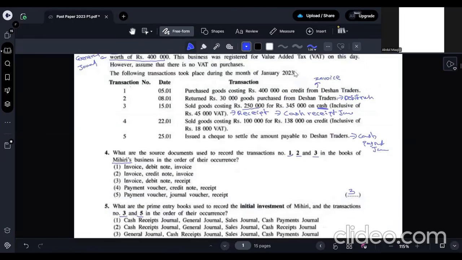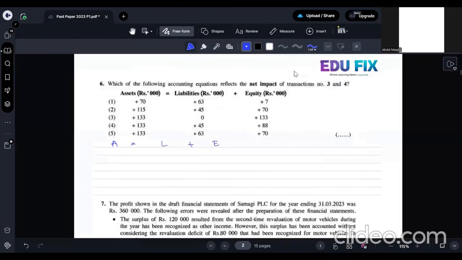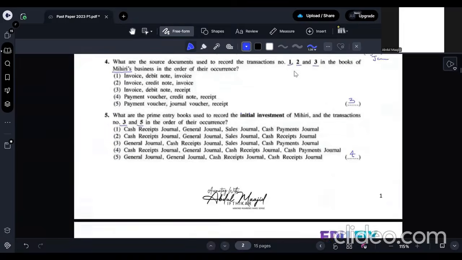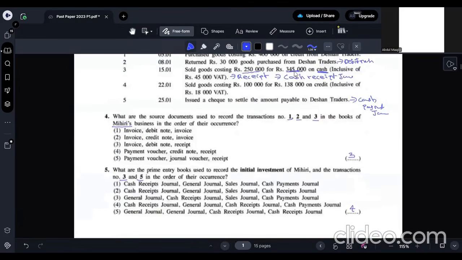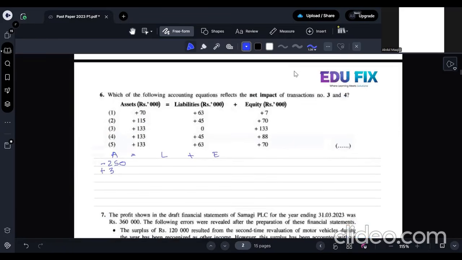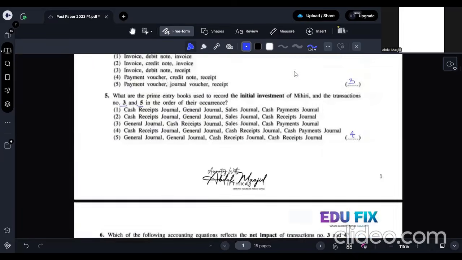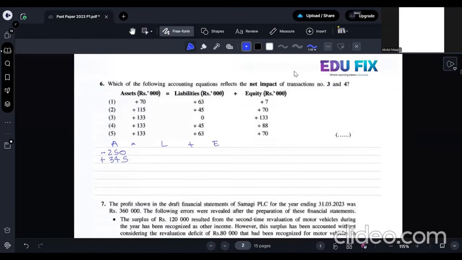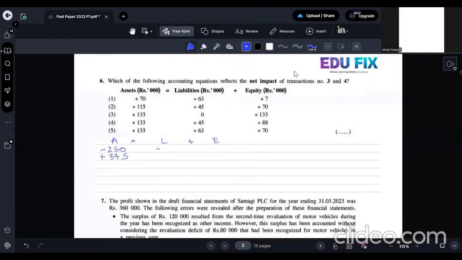So inventory minus 250. You're selling it for 345 on cash. Therefore, cash will be plus 345. This includes the VAT of 45. Sales VAT is a liability. Therefore, liability plus 45.